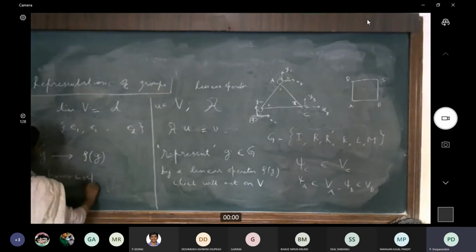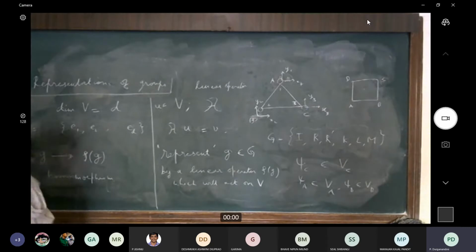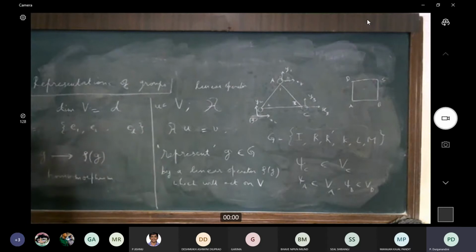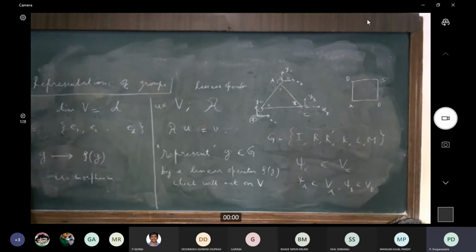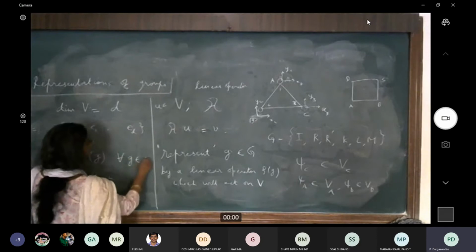So this mapping should be a homomorphism, and what we will take is actually an isomorphism. I can relax it a little bit, but for our sake, let's make it an isomorphism. So I make a mapping for every G belonging to the group G.